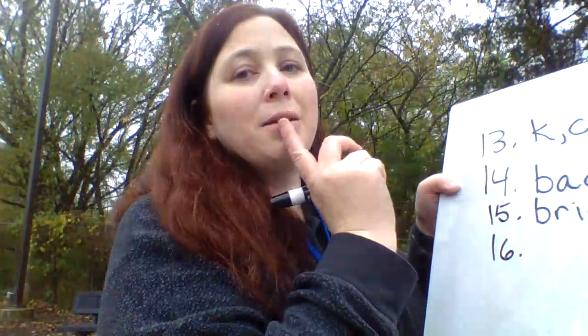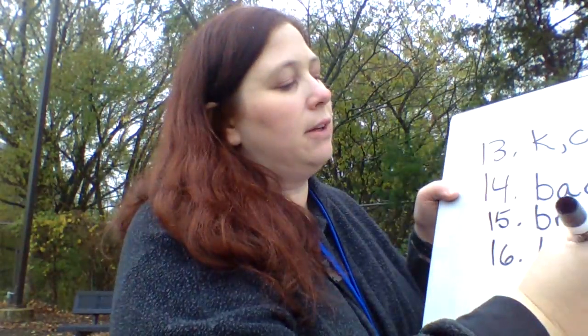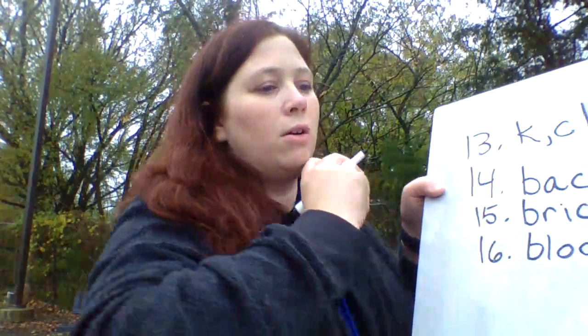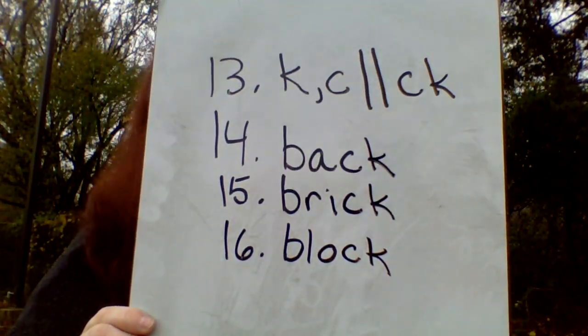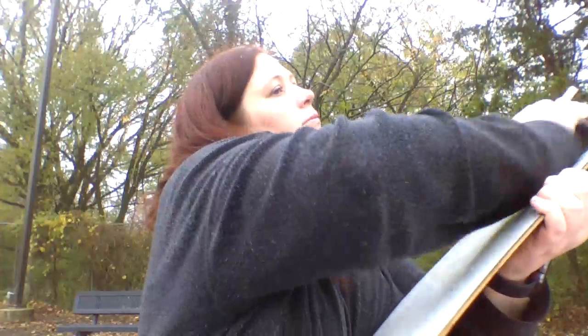And then number 16 is block. This is another blend. B-L, O, and then K is the CK. Okay, make sure you have those down, and then we are going to code these words. Give me 2 minutes.